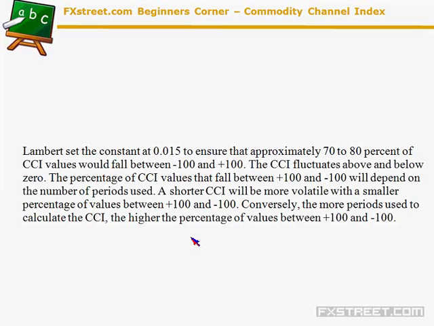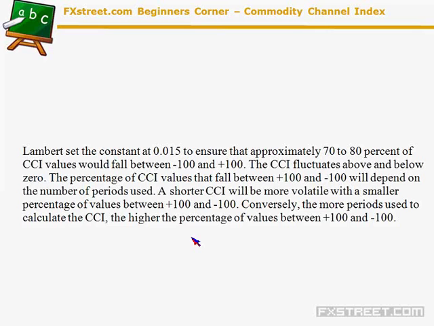We know that this is an indicator that tends to hover around the zero line, between minus 100 and plus 100, right? So the idea is that the constant Lambert added makes the indicator stay between those two levels around 70 or 80% of the time, right?